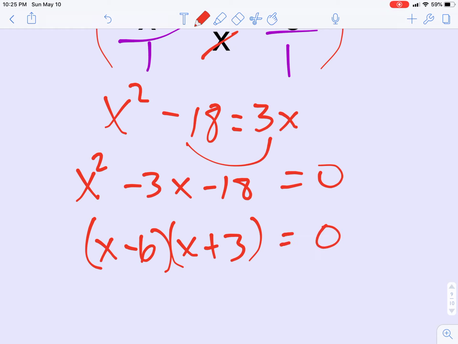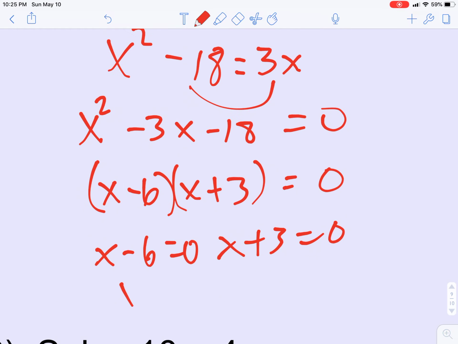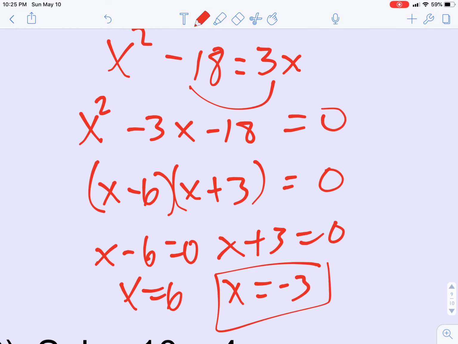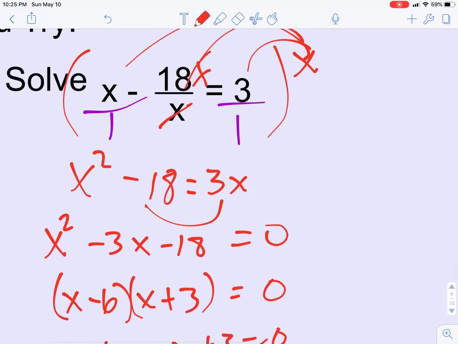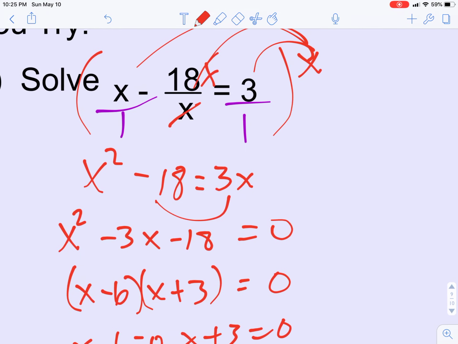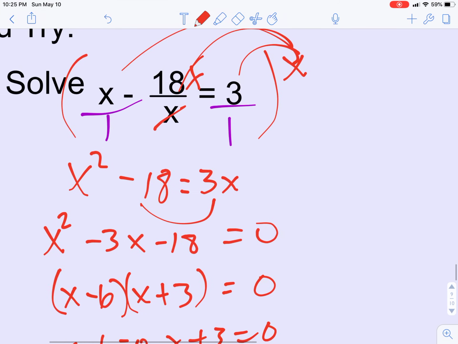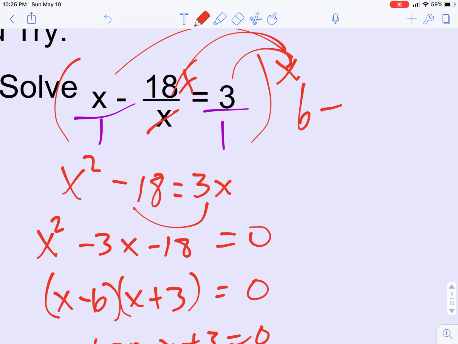Set each factor equal to 0. x equals 6, x equals -3. So these are our two possible answers. Let's just go back and double check. 6 minus 18 over 6, does that equal 3?